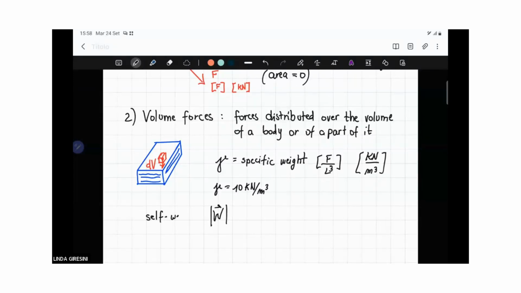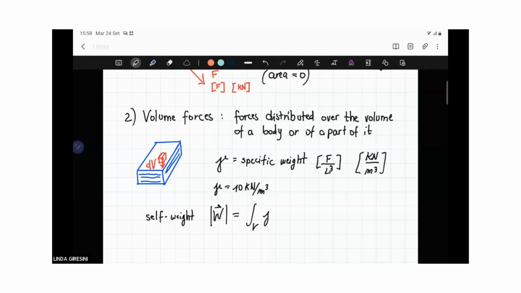So what is the weight of the book? What is the muscle force that I have to apply in order to raise the book? And it can be a question. So I have to make an integral over the volume of the book itself.